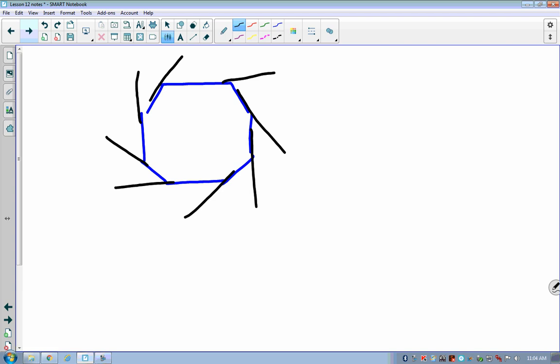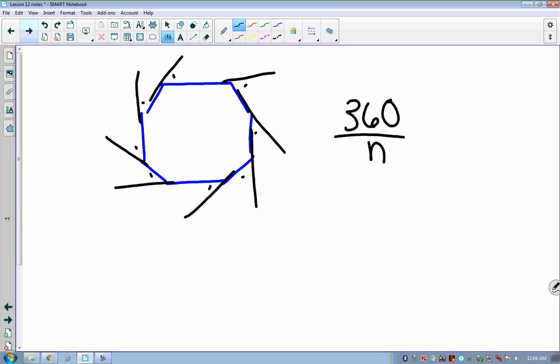How many degrees are in a circle? 360. And so if I want to know what the individual angle is here, all of these are the same, because we said it's regular. So it doesn't matter what the polygon is so long as the shape is regular. All I'm going to do is take 360 every time, 360 divided by the number of sides.